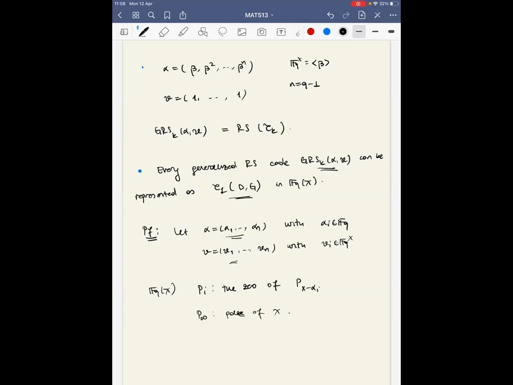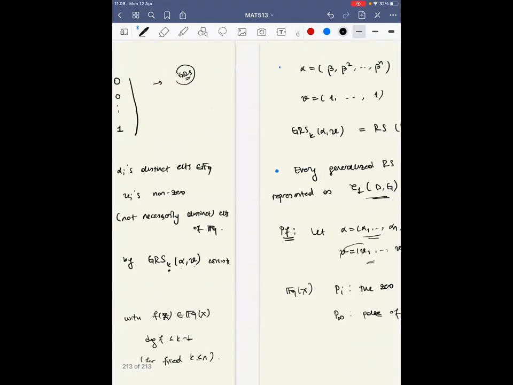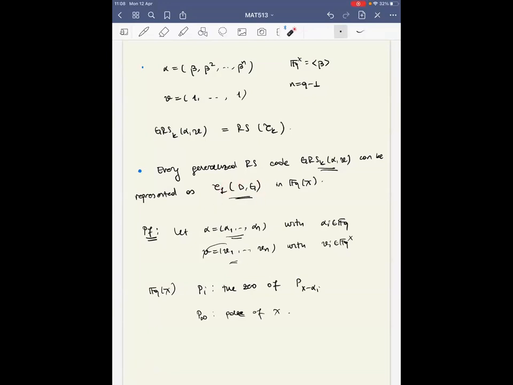So here's the thing: to be able to write a generalized Reed-Solomon code in terms of this image of evaluation, we need to see that there should be a function whose evaluations at P_i's are equal to these given non-zero v_i's.